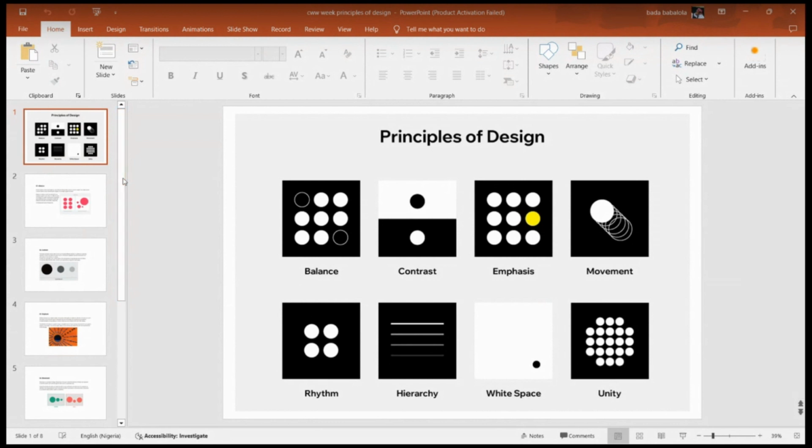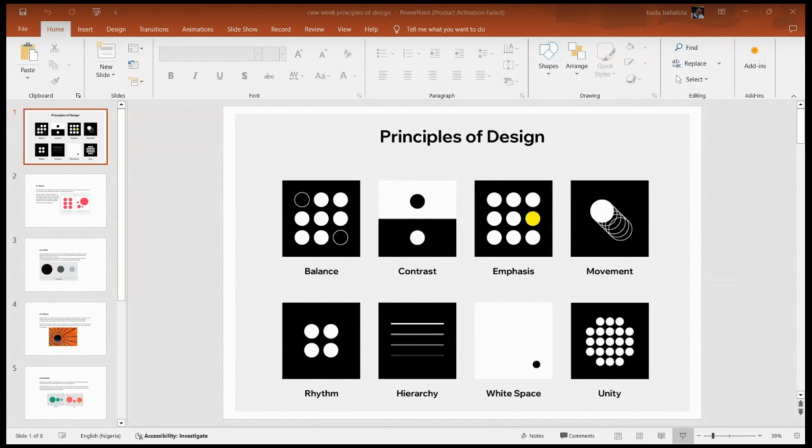I said when we were talking about the elements of design that they are like the ingredients that we put into our food to come up with something nice. But the principles of design, we can call them the portion, the quantity, the size of you being able to work with the elements of design and the principles of design together.